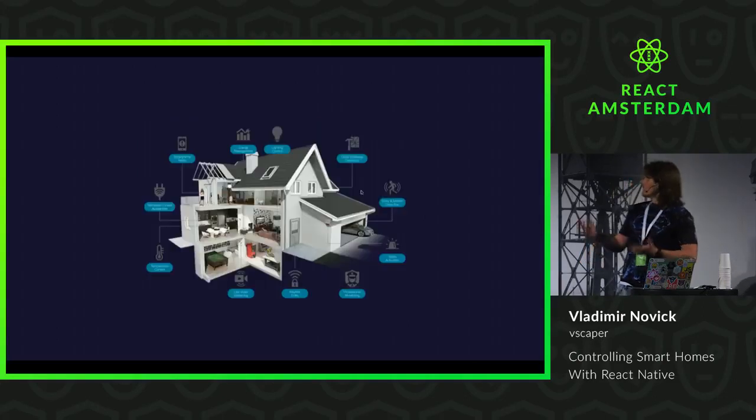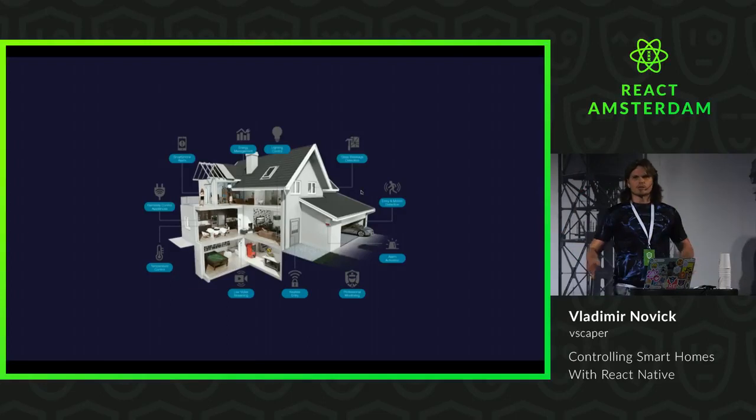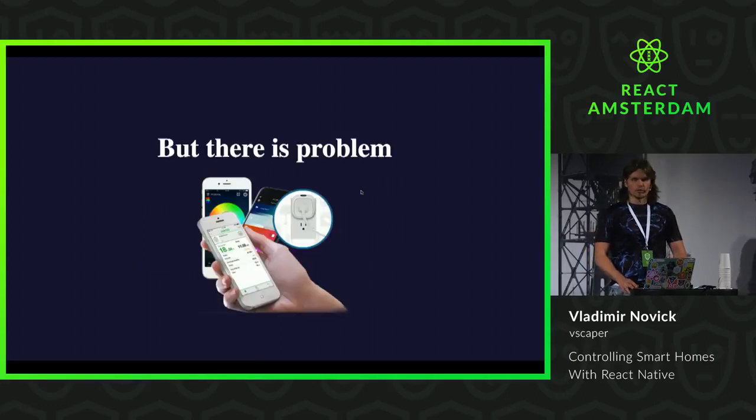But eventually, in an idealistic world, it all looks like this, right? The whole home connected, all devices connected, and we just work from one app. We start everything, everything works. But it's not really the case. The case is we have various apps, we have various devices. We have, for example, Philips Hue.